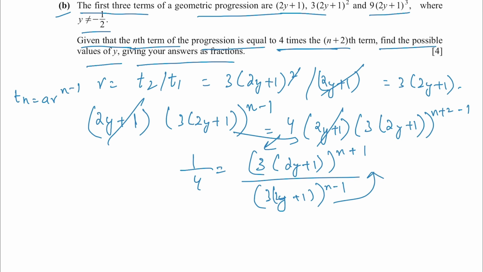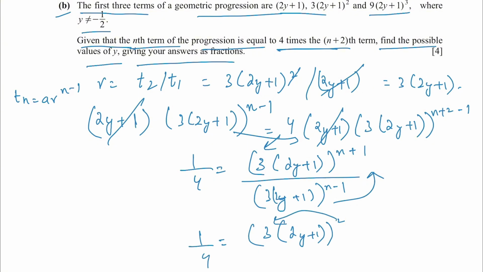So we have a difference of power 2 over here, right? And if we move this up, we'll be getting our answer as 3 (2y plus 1) whole to the power 2, and this would be 1 over 4.